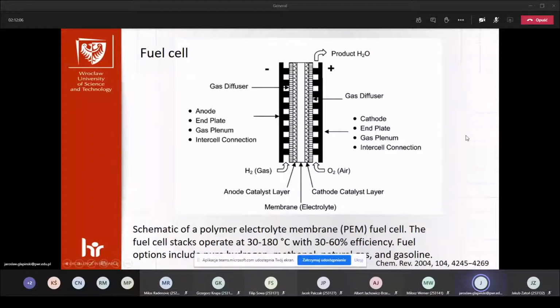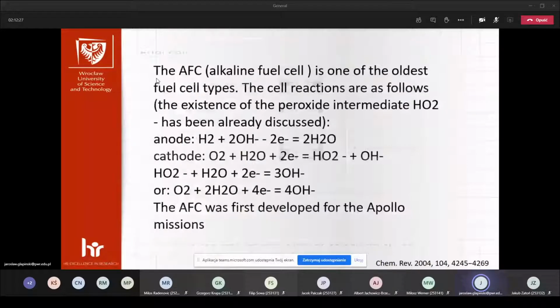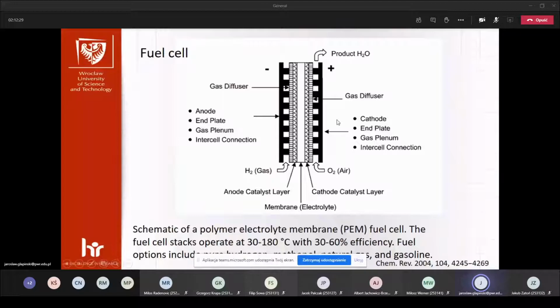When we are using such a construction with, of course, special plates, special elements that can extract the electrons from the atoms, we can have a fuel cell that is very pure, because we've got hydrogen as an input.